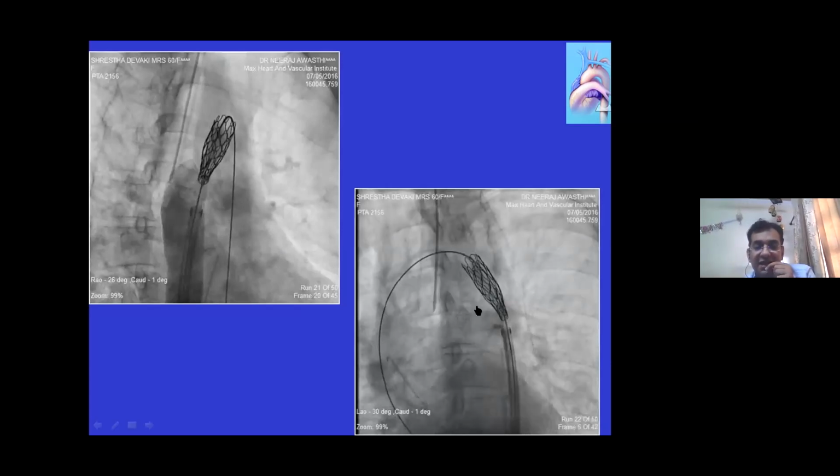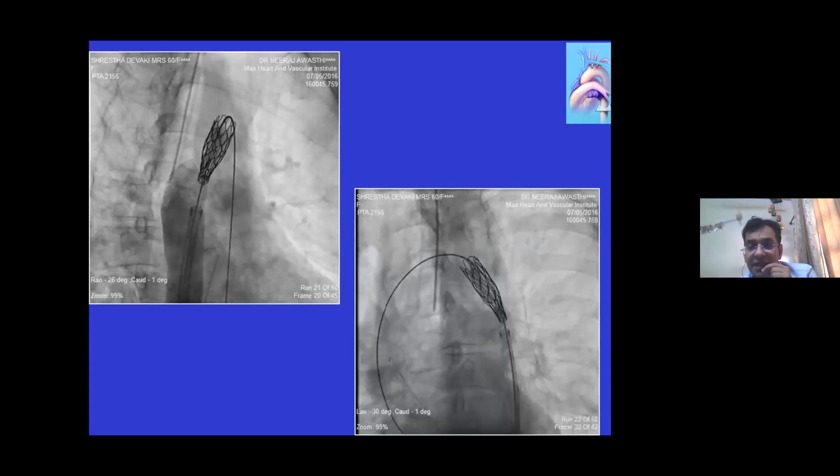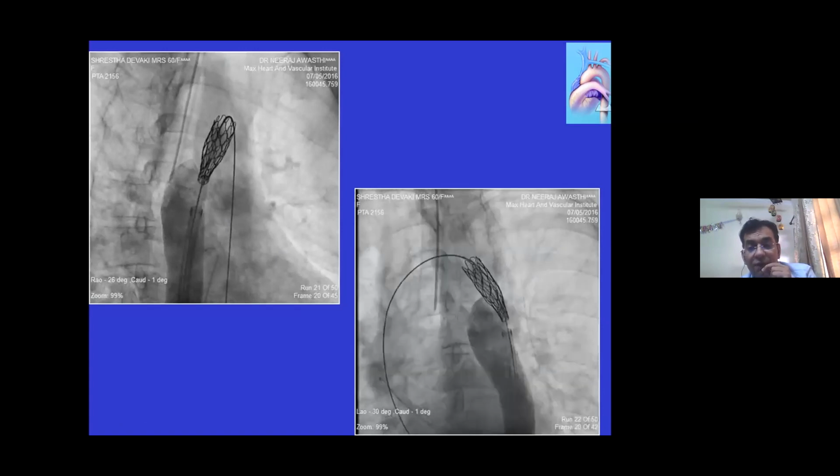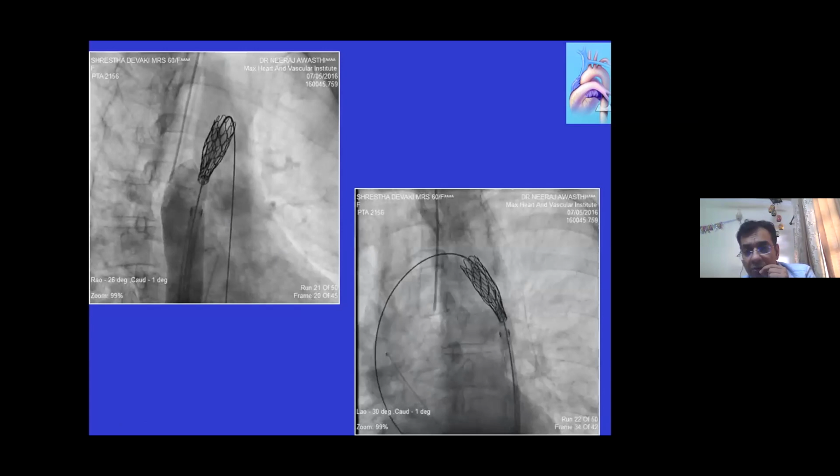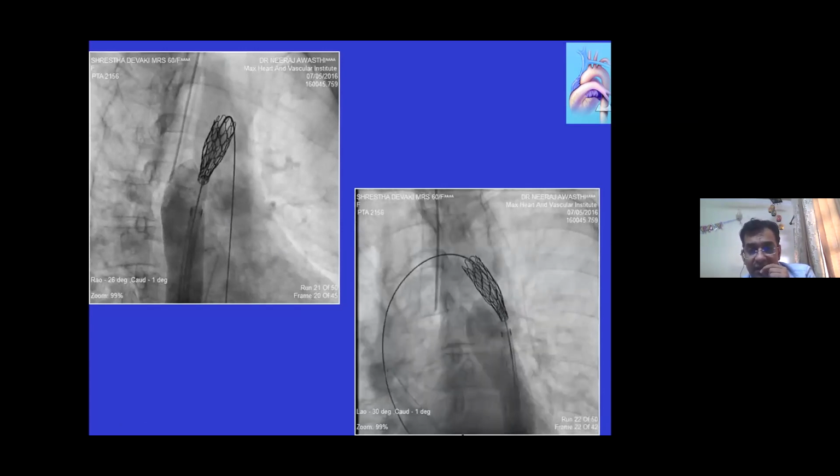So what is the next step we need to do? This is mounted over a BIB balloon, luckily. At present the inflation has taken off the inner balloon. So the 10 millimeter inner balloon, which has inflated partially, is being tried to pull the partially inflated stent proximally.